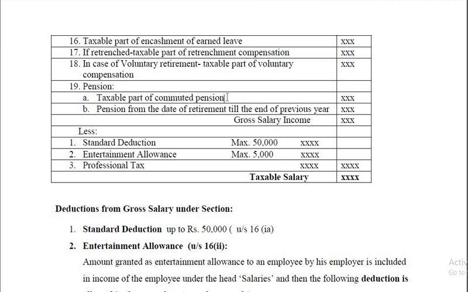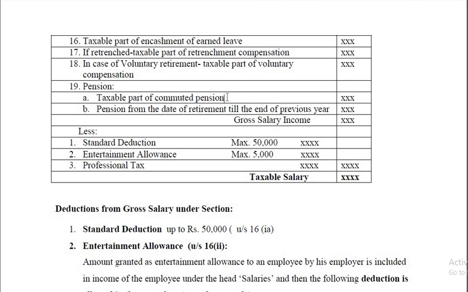Sometimes he may commute the full pension, sometimes part of it. Normally part of it will be allowed to be commuted, and therefore that is taxable. The taxable part is to be taken under the head salaries. Then pension from the date of retirement till the end of the previous year also falls under salaries.